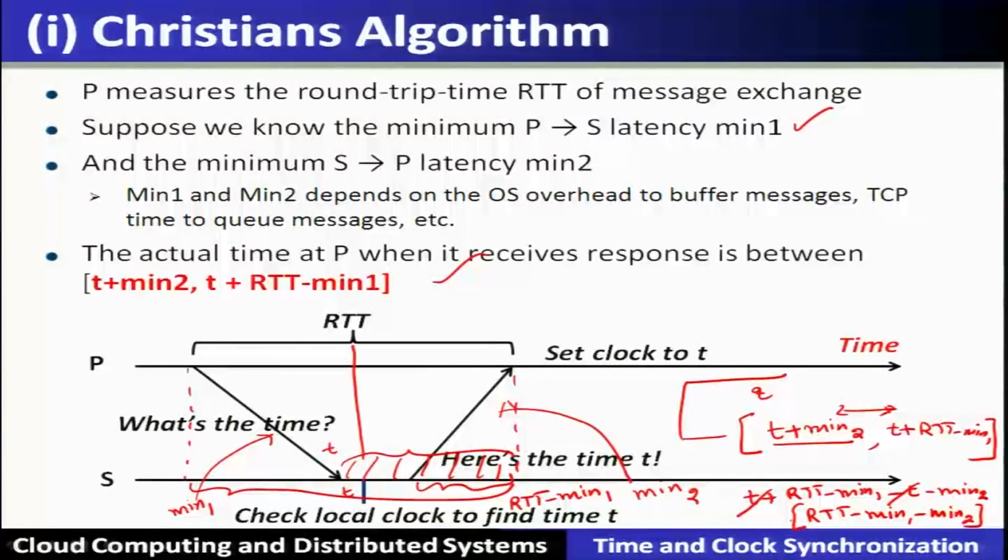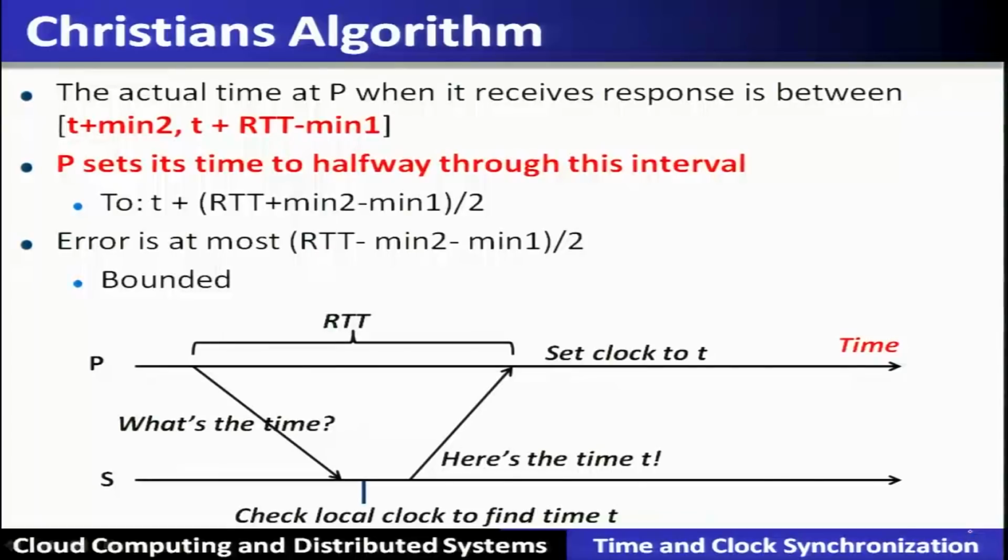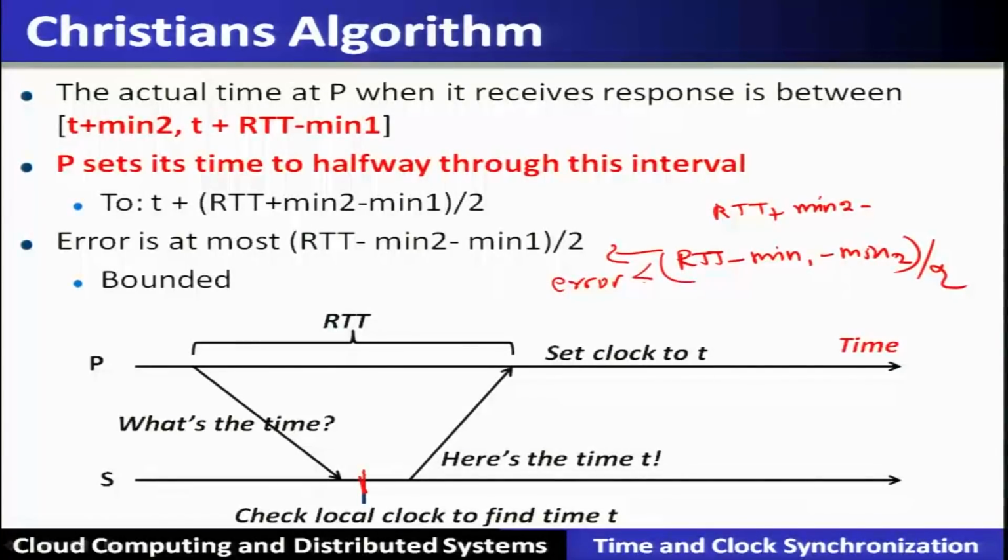This is the interval, and halfway of this is obtained by dividing by 2. So halfway will be RTT plus min 2. So the error will be at most RTT minus min 1 minus min 2, divided by 2, that is this halfway. This will be the error, and it is bounded by this corresponding value.